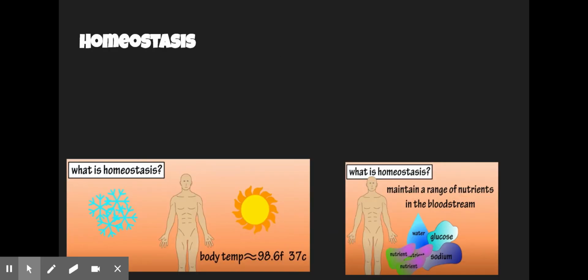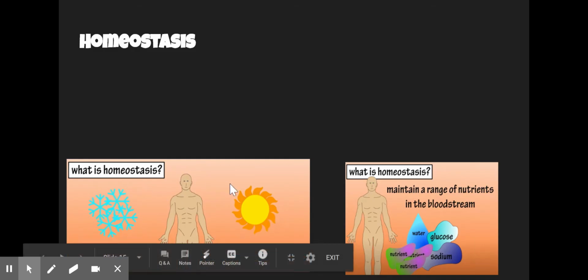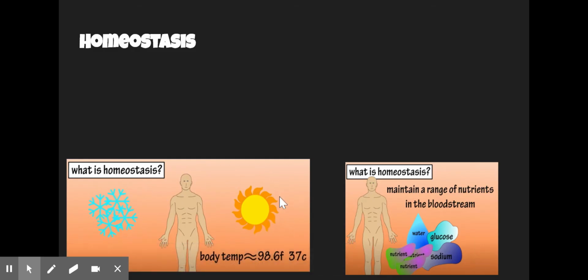All right, so homeostasis. Cells and organisms need things just right in order to stay alive. We call this homeostasis. They need to keep an internal temperature around 98.6 degrees Fahrenheit or 37 degrees Celsius. And you can see in this picture here, it's showing you that whether it's cold out or hot out, we still have to maintain that temperature inside the body.